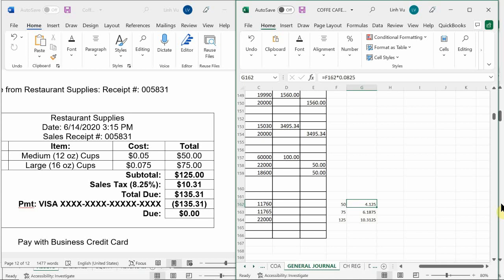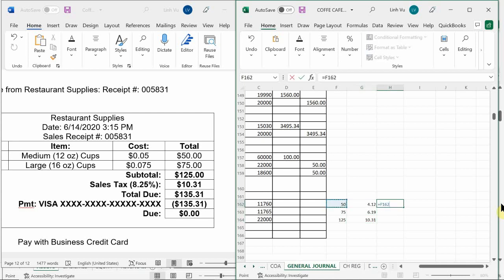Would you put the penny where the half a penny is, or would you put the penny in 3/4 of a penny? 3/4. So in this case, you got 4.12, and this would be 6.19.